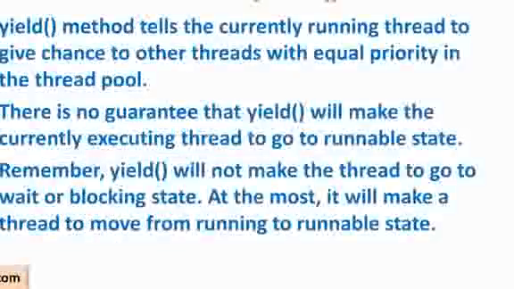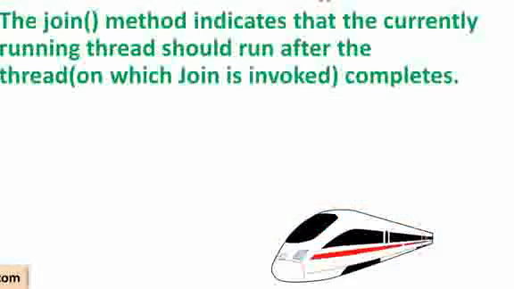Then coming to the next method, join. The join method belongs to the thread object and it is not a static member. When join is invoked, you're telling a strong message to the currently executing thread that you got to wait for some time until the thread on which the join is executed should finish.